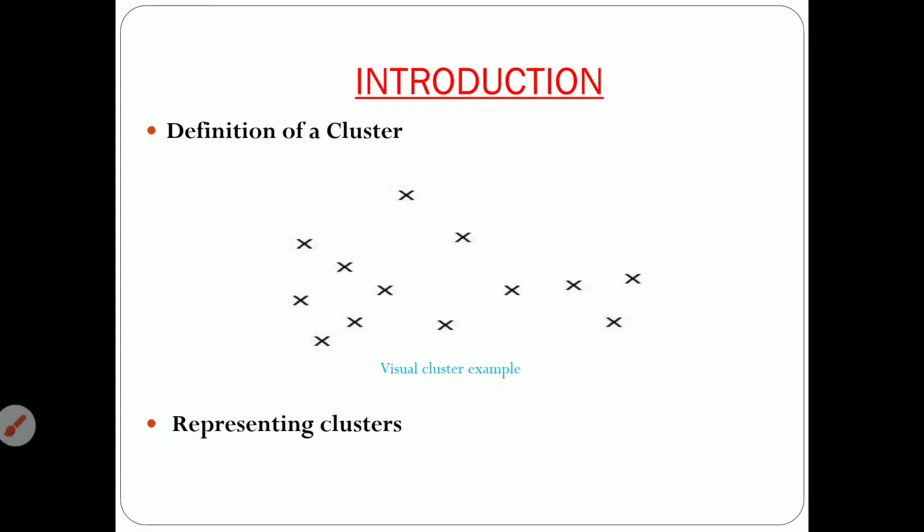And next is the cluster. What does cluster mean? A cluster is a representation of n objects. You can take any n number of objects and represent them with the help of k groups, based on a measure of similarity of those objects.